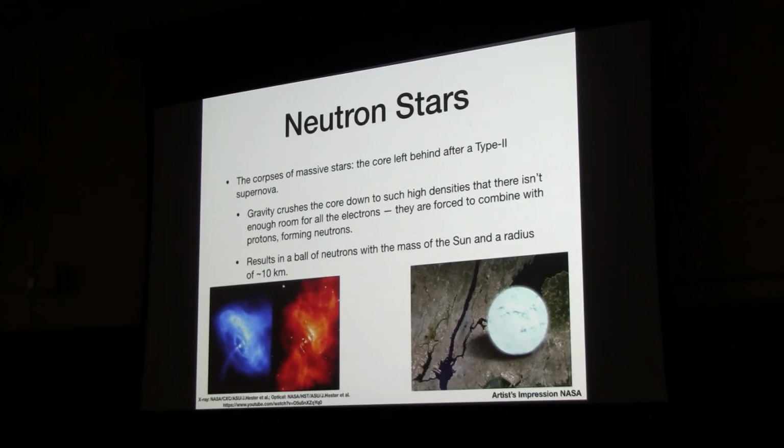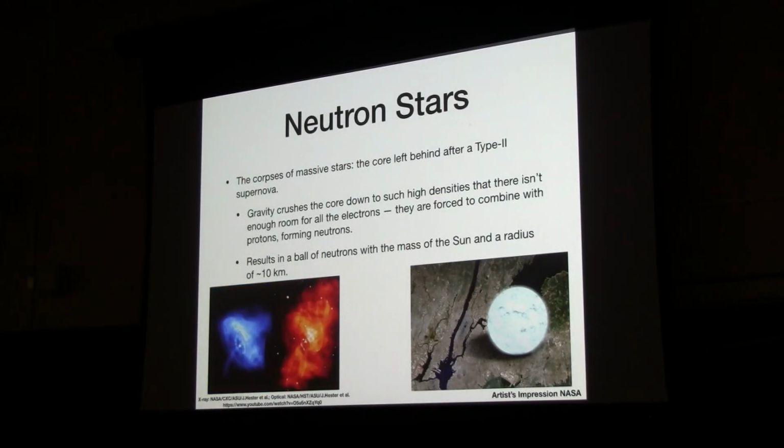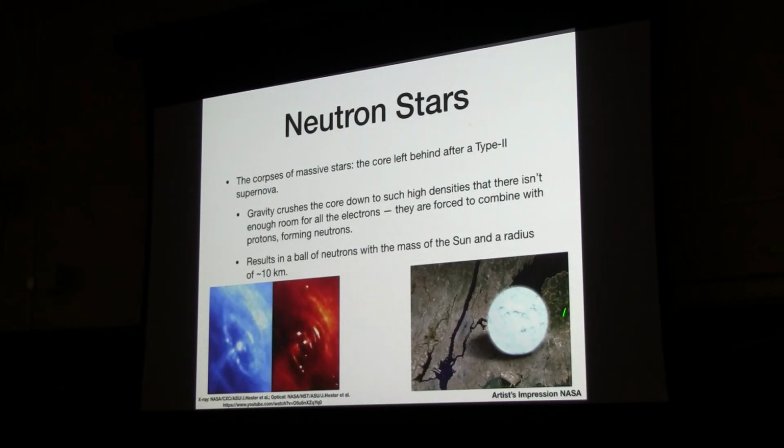There's actually just not enough room inside this relic of a massive star to fit all of the electrons. And so the electrons are forced to combine with the protons and they become neutrons. And so you're left with a ball of neutrons that is about the mass of the sun and it's about 10 kilometers in radius. So, it fits into a small or reasonable sized city. Right? Here's a picture of a neutron star sitting next to Manhattan.